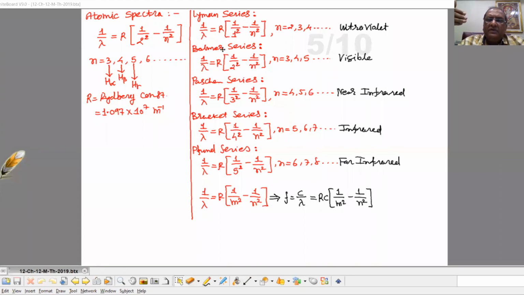So Bohr's atomic model is based on postulates, and in that he combined classical electrodynamics and the newly developed concept of quantum mechanics.